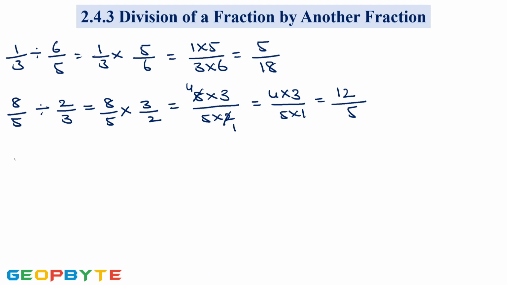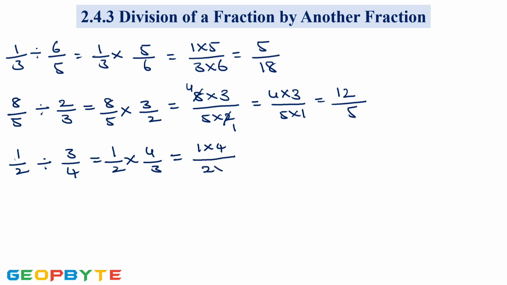Next, 1 by 2 divided by 3 by 4, which is equals to 1 by 2 into reciprocal of 3 by 4. So the reciprocal of 3 by 4 is 4 by 3, which is equals to 1 into 4, product of numerators, by product of denominators.